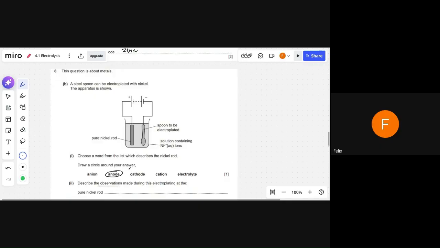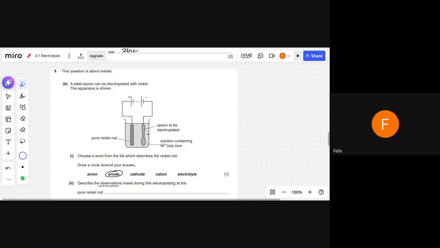It will get smaller in size, because we have studied that when you are electroplating, the material that you want to coat the spoon with must be the anode. Let's say if you want to cover this spoon with silver, your anode must be a pure silver rod.